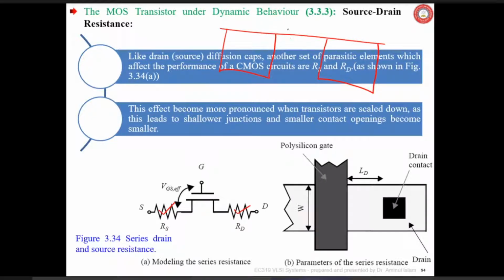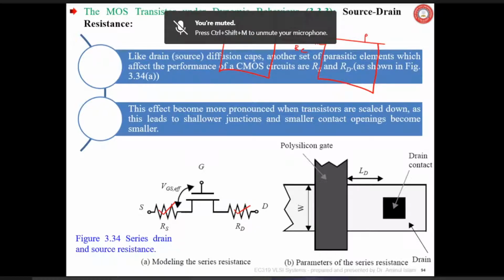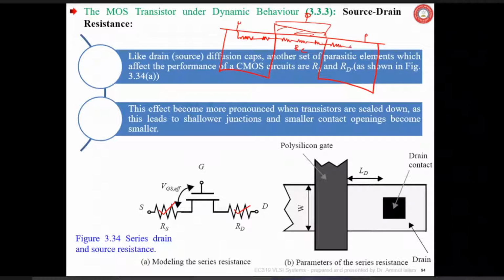We have shown this kind of resistance also. We said that you have the channel, which has channel resistance RC. Just now in the previous slide we saw RC is there. In addition to that, this region also has resistance. It is not a conductor like copper or aluminum. It will have resistance.